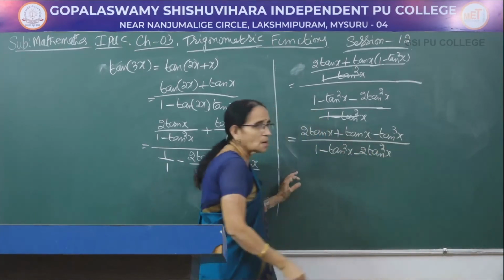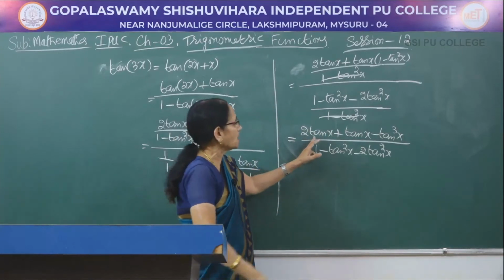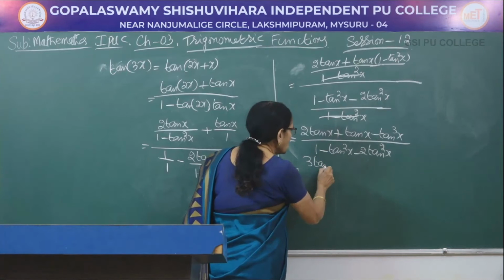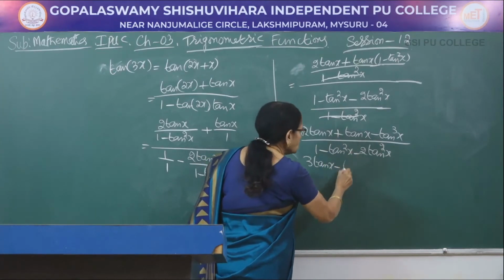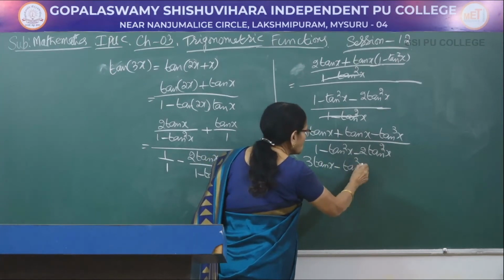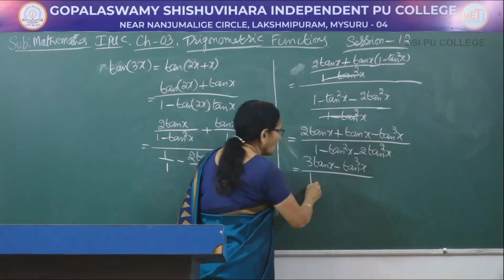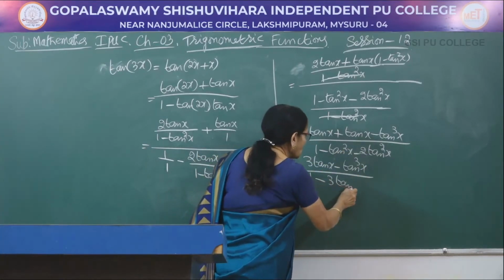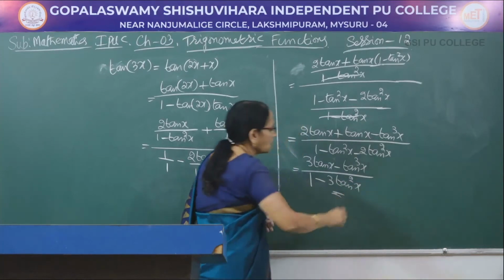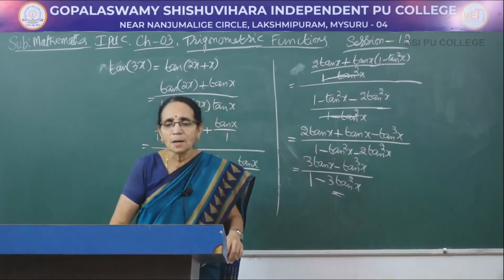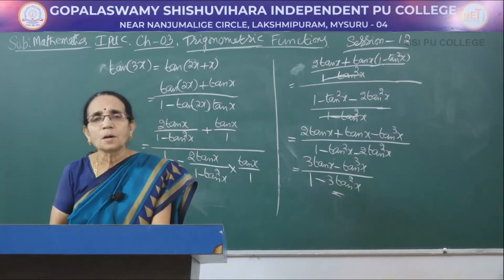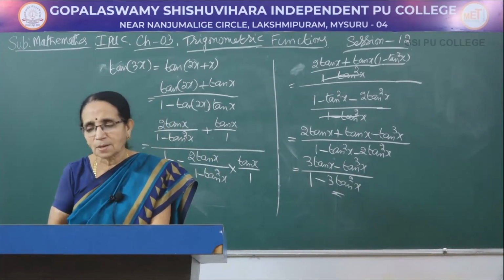Now, finally, we are simplifying. Tan x plus 2 tan x plus 1 tan x is 3 tan x minus tan cube x. Whole thing divided by 1. Both of them are tan square function and can be added. So, it is 3 tan square x. So, the formula being 3 tan x minus tan cube x over 1 minus 3 tan square x.